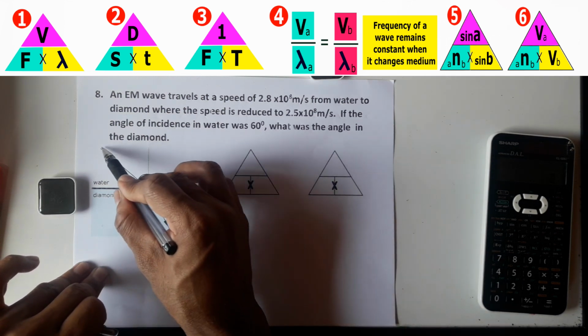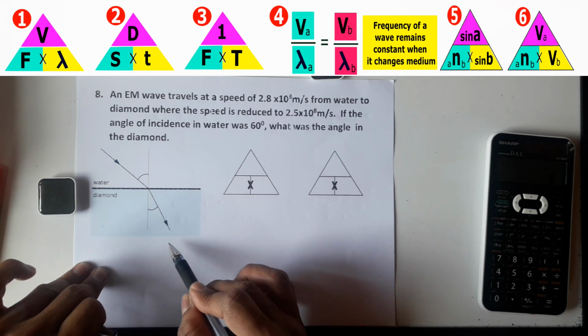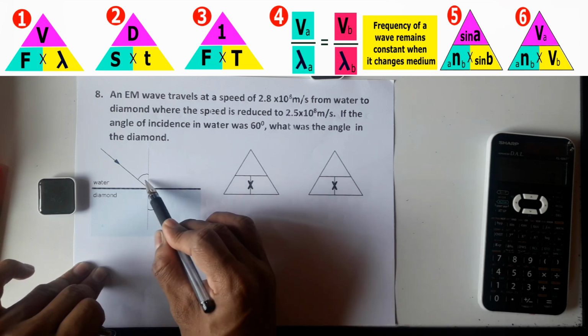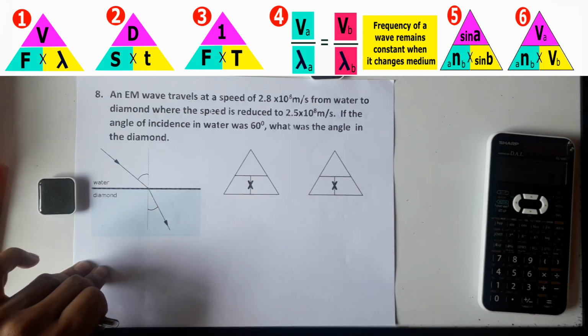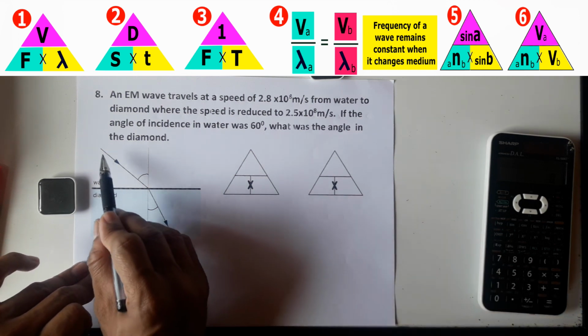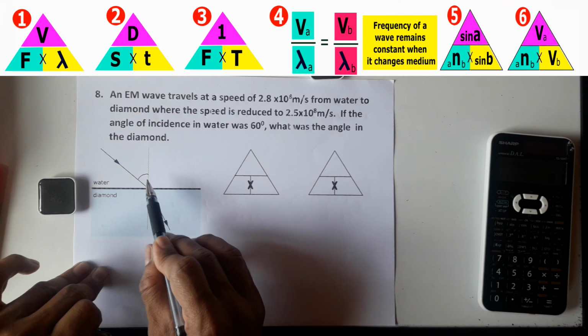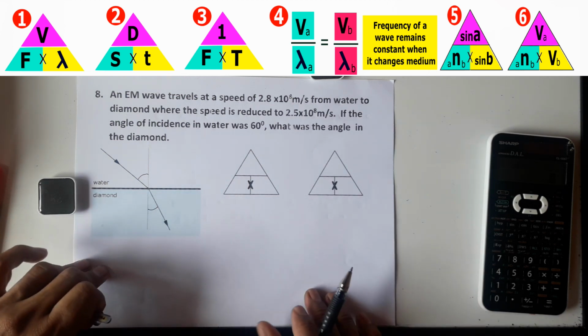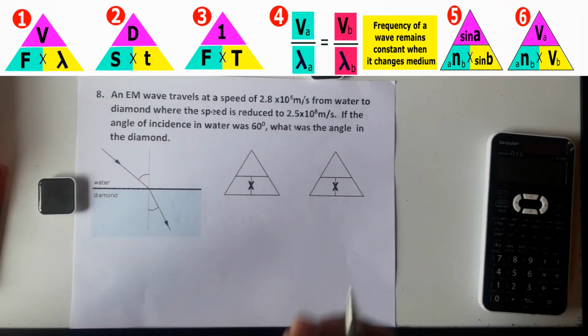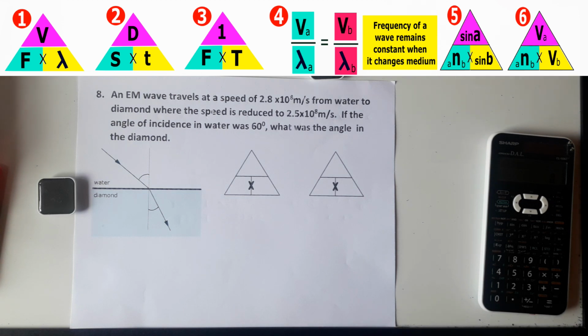So whenever you go from less dense to more dense, the angle actually gets smaller. You notice here is bigger and here is what? Smaller. Also, if it goes from more dense to less dense, the velocity is supposed to decrease, right? Anyway, let's go through this question and see what you're asking us.